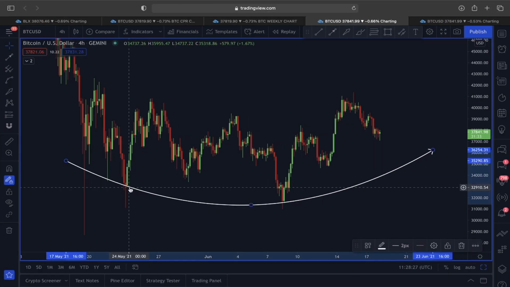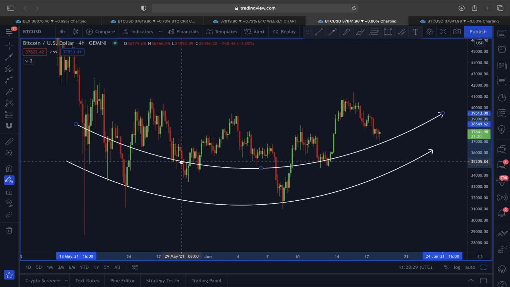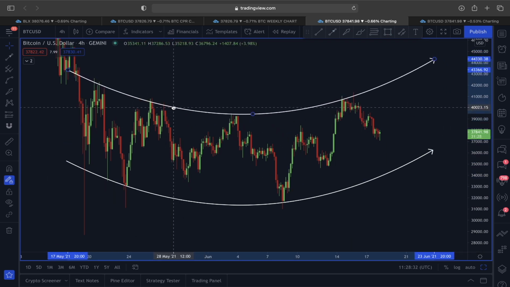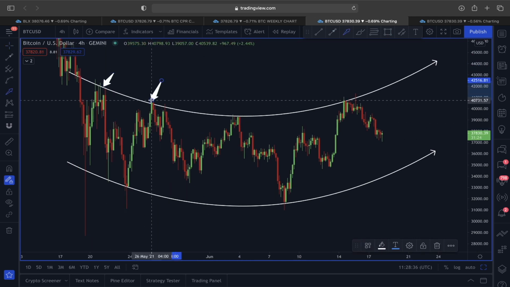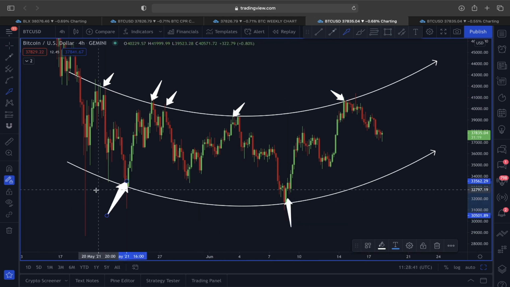And what I'm actually going to do is copy paste this one here, because you can see every time we have seen some movement in this manner, the upper line here acted as a strong resistance line, and the lower line played as a very, very strong support line.